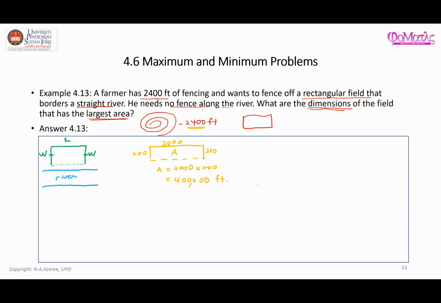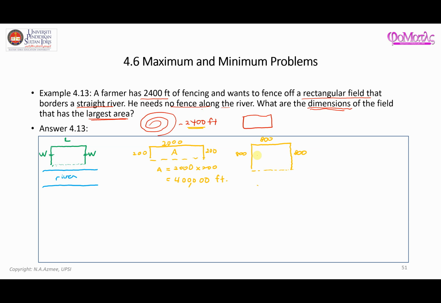Now, how about if we draw another rectangular area? So let's say maybe this is 800. Okay, but then if I draw that, it is not a rectangle, but never mind. So if this is 800, you are left with 1600. So 1600 divided by 2, then this is no more a rectangle. This is going to be a square area actually.